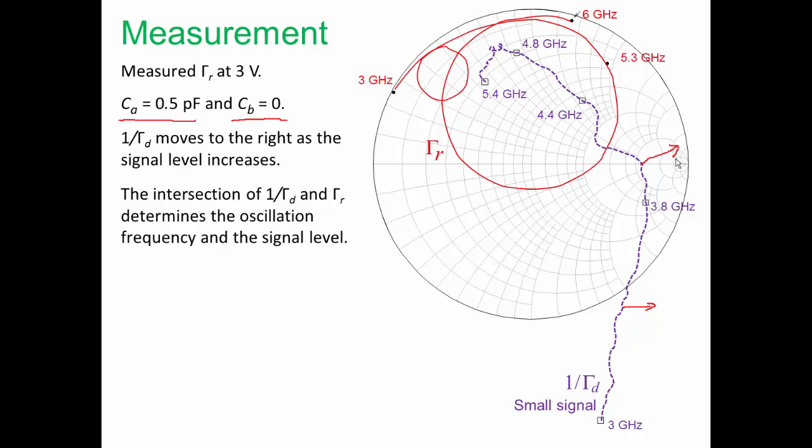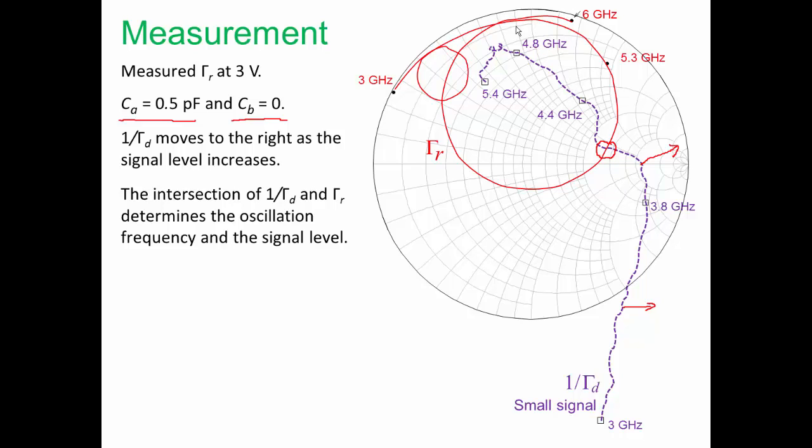It is the intersection of the 1 over gamma D locus, as amplitude increases, and gamma R that determines the oscillation frequency and the signal level. Now, at small signals, the intersection is right here. This is actually not desirable. We would like that dashed 1 over gamma D curve to be parallel to our gamma R locus. But at least we have a single point of intersection here.